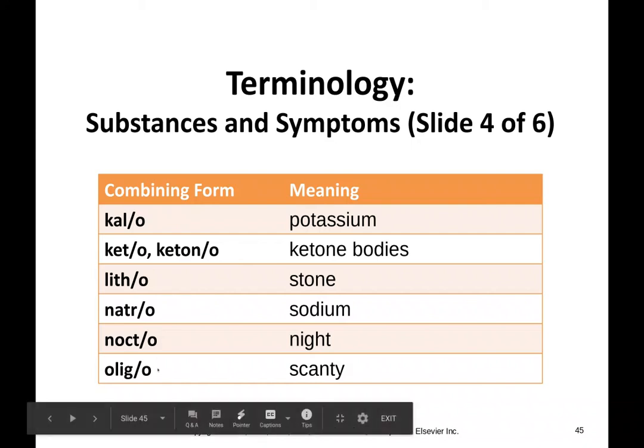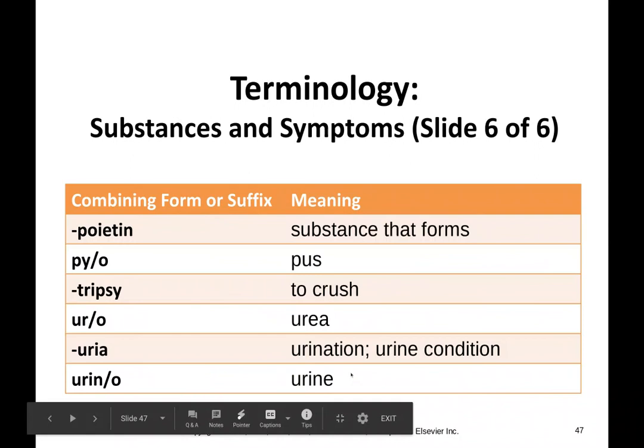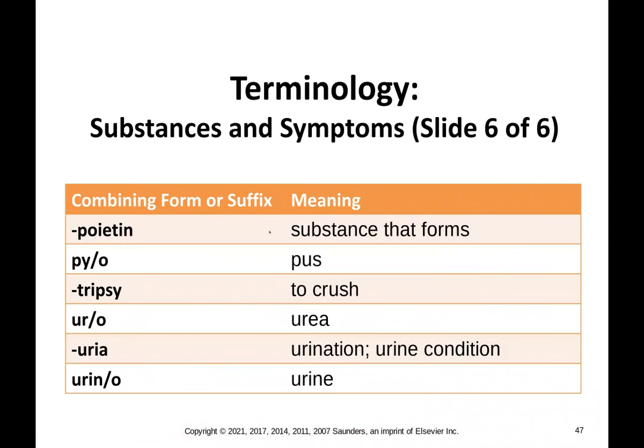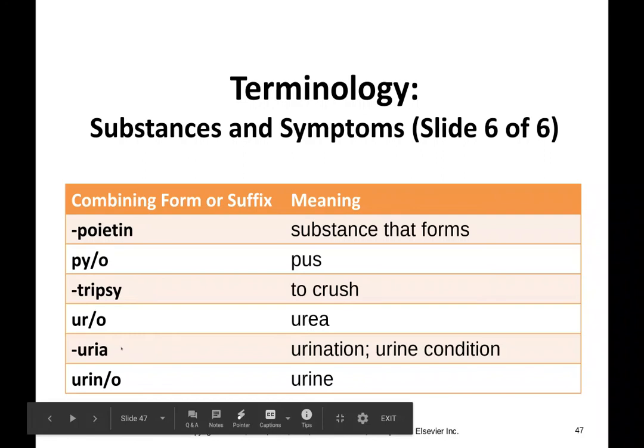Nocto is night. Olig or oligo is scanty, so not very much. Poietin means a substance that is formed. Py or pyo is pus. Tripsy means to crush. Ur or uro is urea. And then uria pertains to urination or a urine condition. And urine or urino is urine.